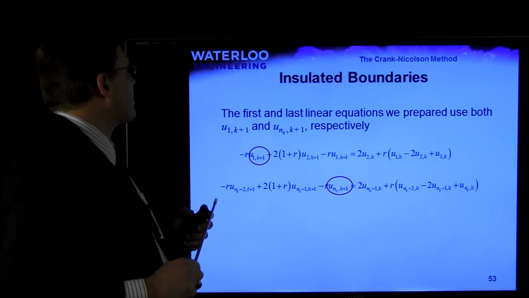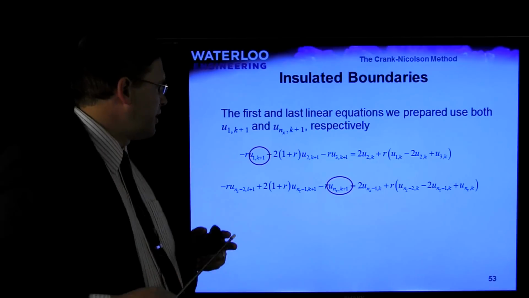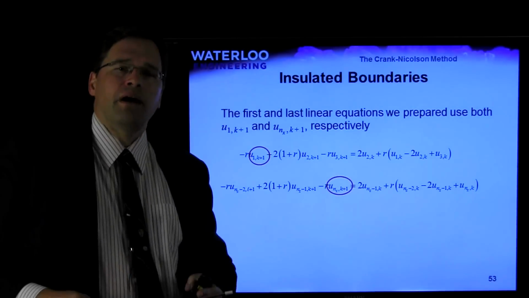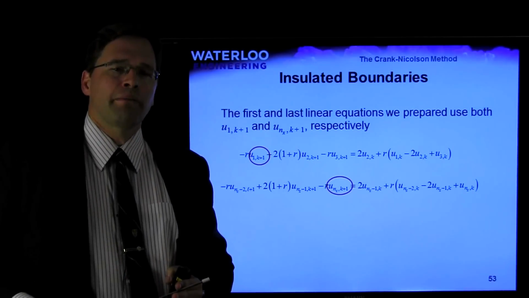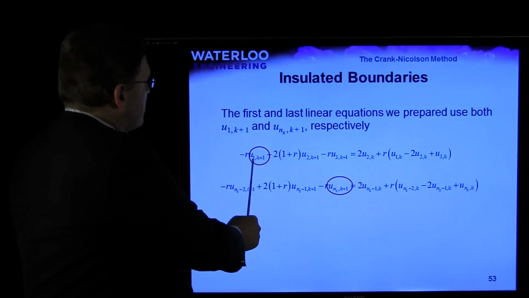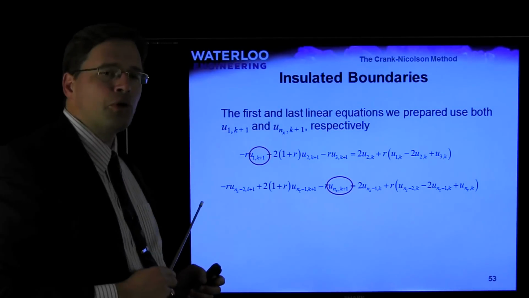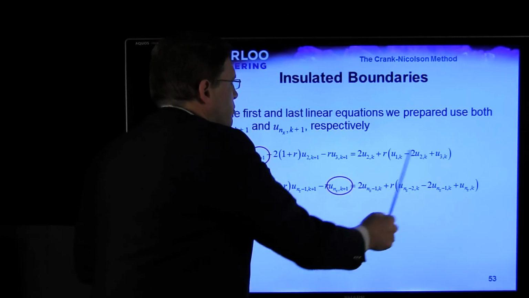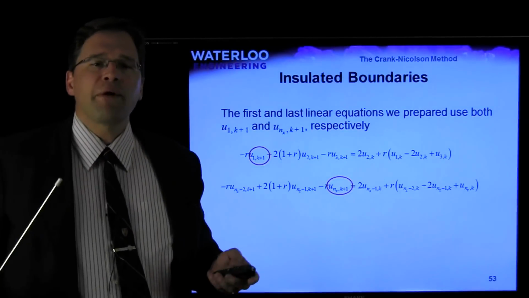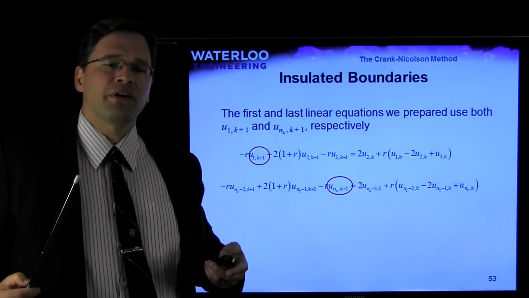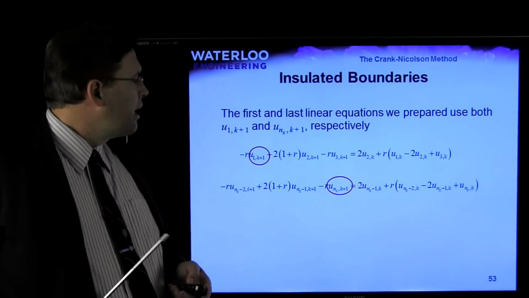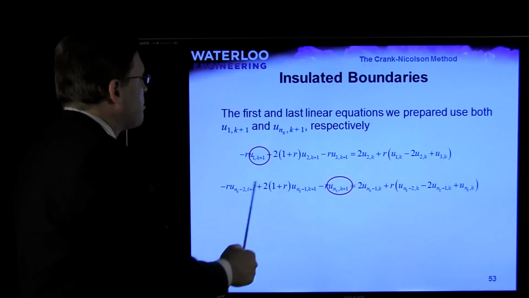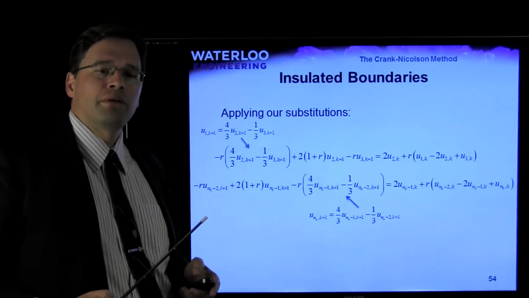Now, the first and last equations are here for our finite difference equation. Previously, for the Dirichlet condition, those two values were known, and we just brought them to the right-hand side. However, now they're insulated, and so they're unknown, because these two values now depend on other unknown values.